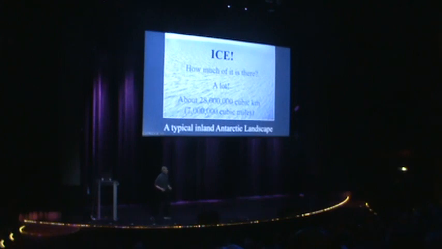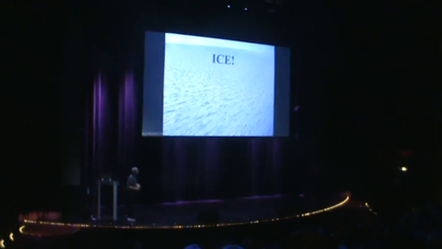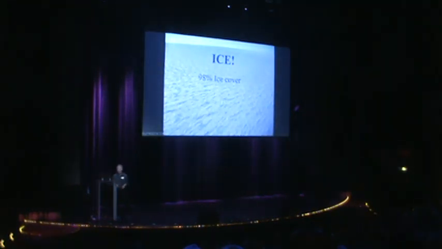Probably about 4 trillion, but for the imperial minded, it's 7 million cubic miles of ice. So that's a lot of ice. Let's have a look at what that means in terms of sort of global ice amounts.